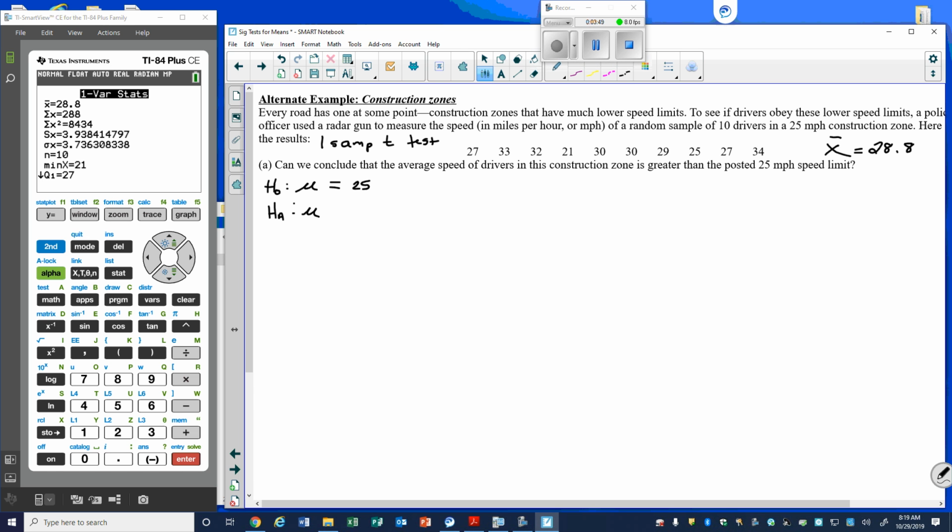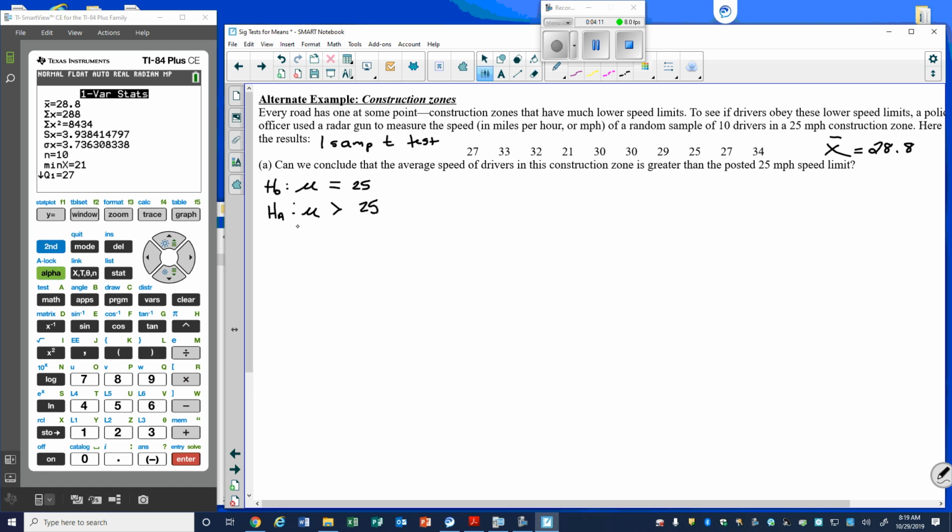And what I'm going to try to prove is they're actually driving faster than 25. So the mean would be greater than 25. This hypothesis, since we only did one sample, only includes that one mean value, and we're trying to prove something against this established beginning speed.